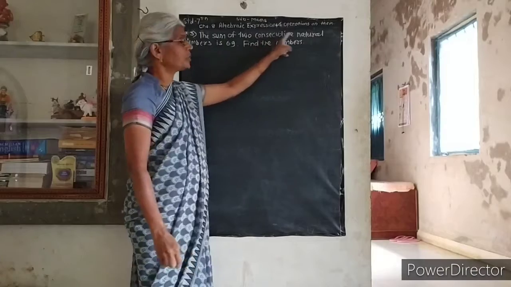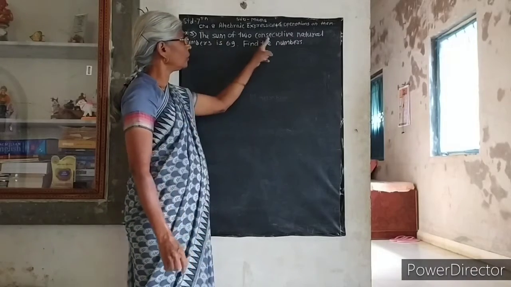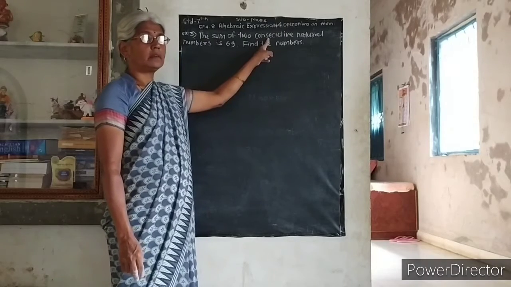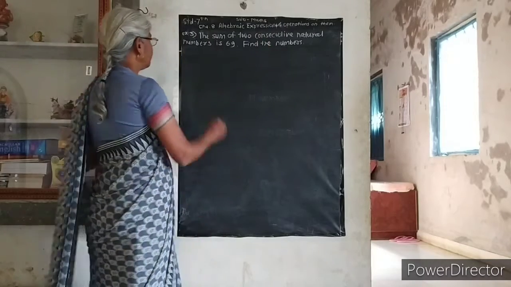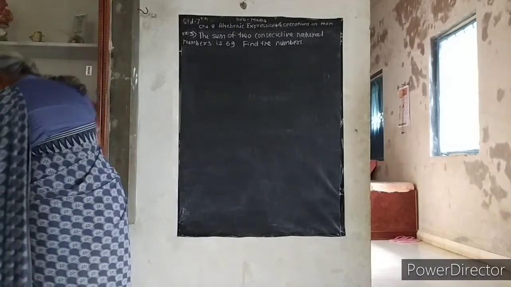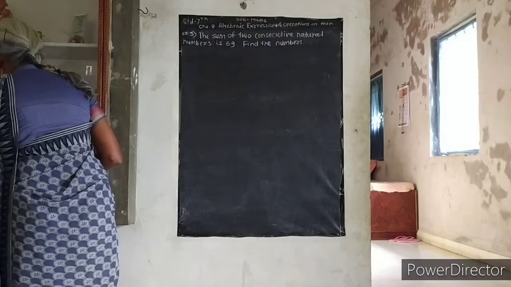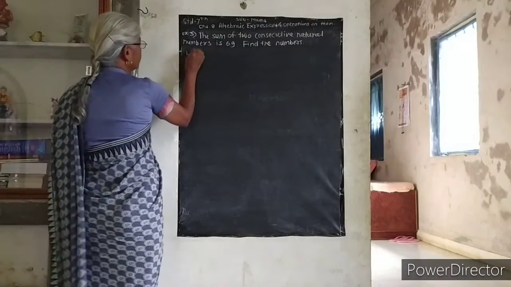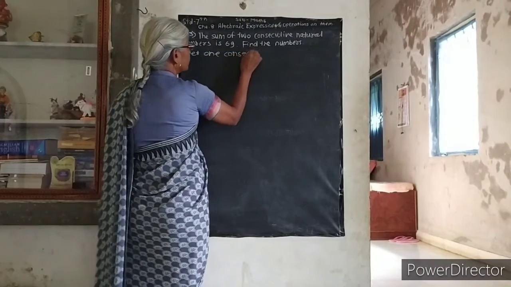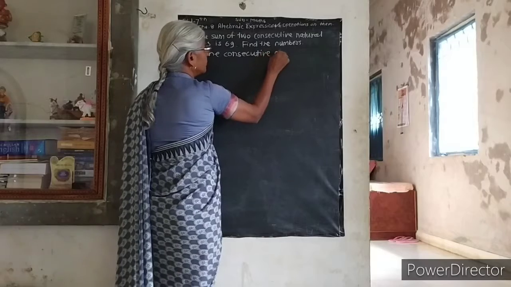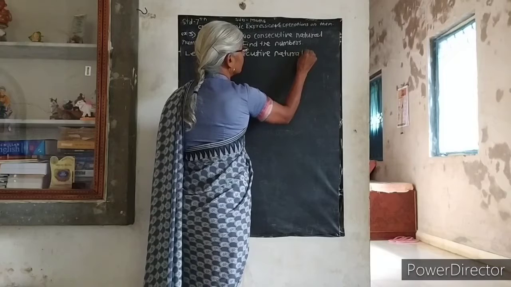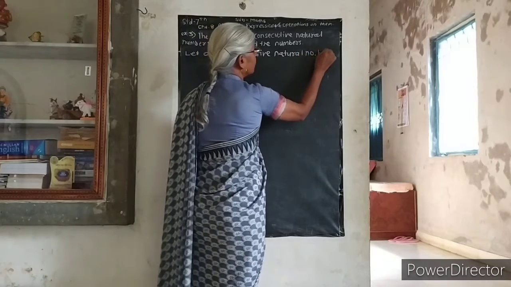The sum of two consecutive natural numbers. We don't know which are these two natural numbers. Then from this we take one consecutive natural number, let it be x.